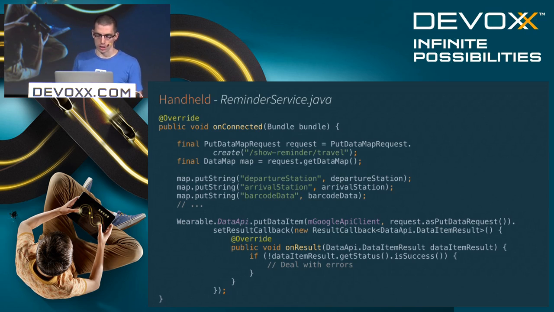If it's not sent correctly, then you can deal with errors, but it's not compulsory. Now the data has been sent to the wearable, and we're done on the handheld side because we have nothing else to do. The notification is displayed, and the data useful for the wearable device to display a notification has been sent. Now the counterpart is actually on the wearable device.